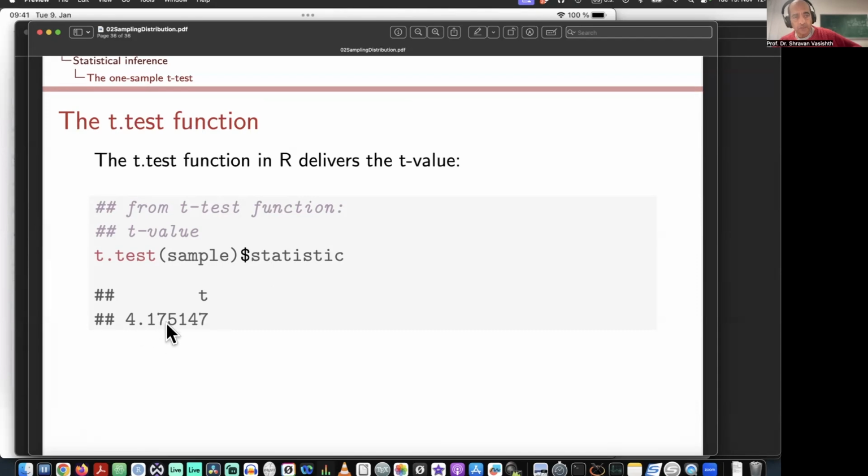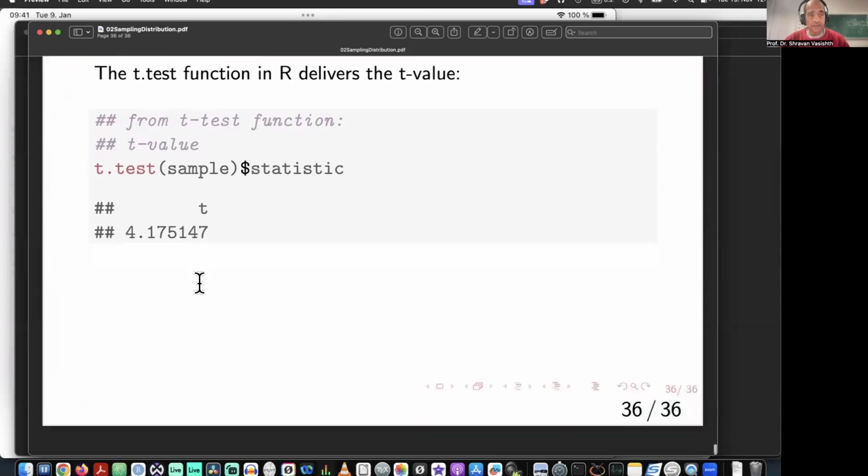That's 4.17, the number I've been working with so far. The t.test function will print out the sample mean, the 95% confidence interval, the observed t-value, the degrees of freedom, and the p-value. These are 5 pieces of information that you will get when you run the t-test.